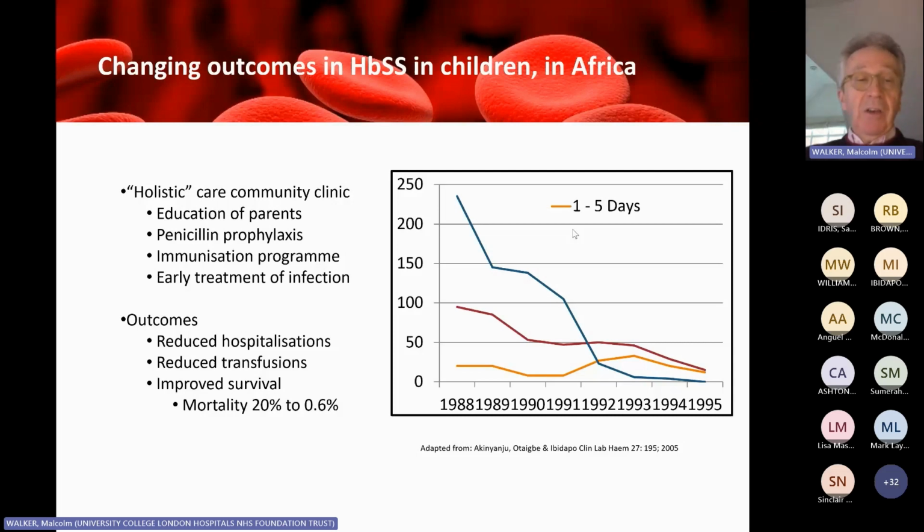This looks at hospital admissions across time and how they've come down in Nigeria, essentially not with any expensive drugs, but with better education, some penicillin prophylaxis, an immunization program, and recognition and early treatment of infection, making a big difference to children, with a reduction of mortality and reduced hospitalization.